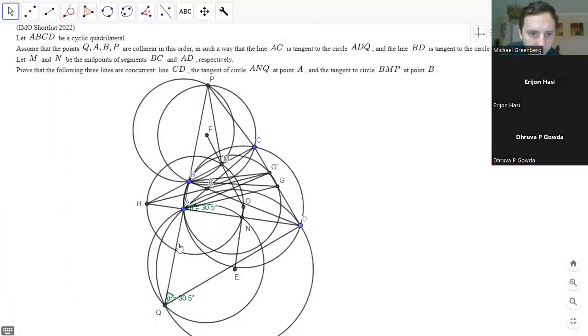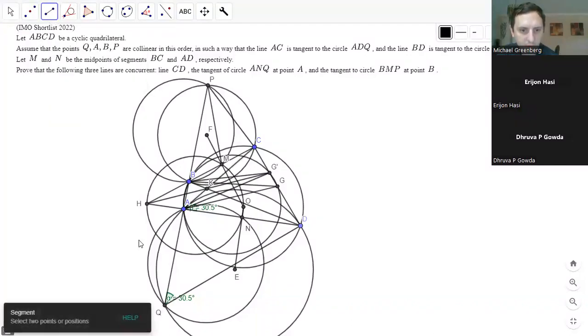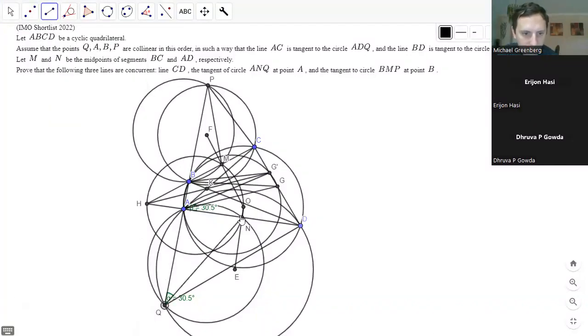Because angle GAD... but we're trying to prove it's tangent. So, but wait, maybe we know AC is tangent. Yeah, I think. It's also enough to show that CAG is equal to NQD. Or G prime AG is NQD, I think, if I'm not wrong. CAG prime is NQD. Yeah.